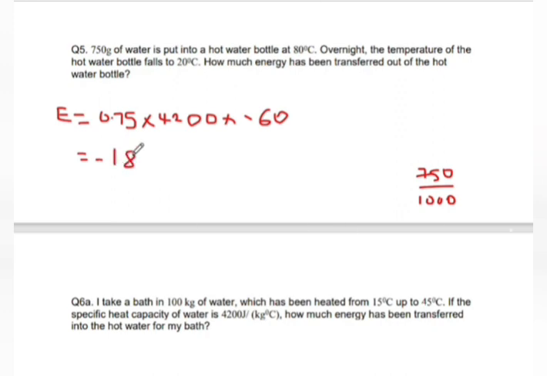So that's going to give us minus 189,000 joules. The minus sign shows that heat is transferred to the surrounding. So when I divide that by 1000, the magnitude of the heat is just going to be 189 kilojoules.